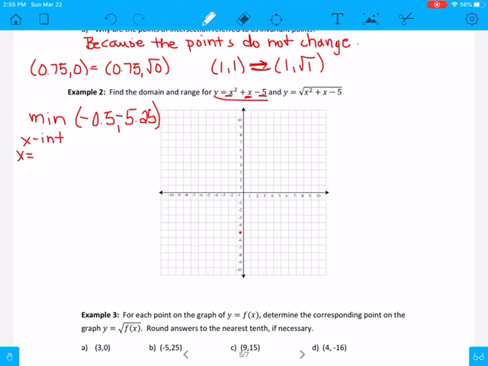So I'm going to get x equals negative b, so negative 1, plus or minus the square root of b squared, so 1 squared, minus 4 times a times c. It's a 5. Oh my goodness. It's getting worse.